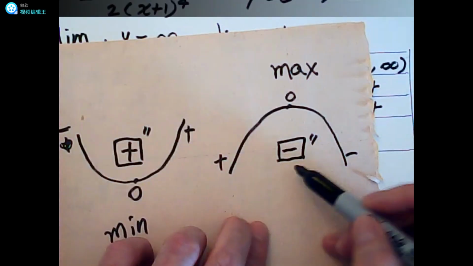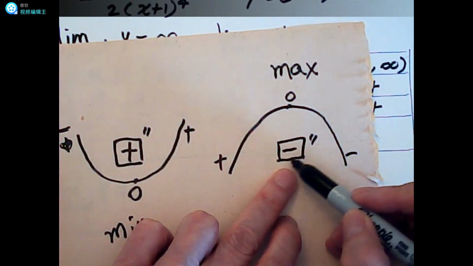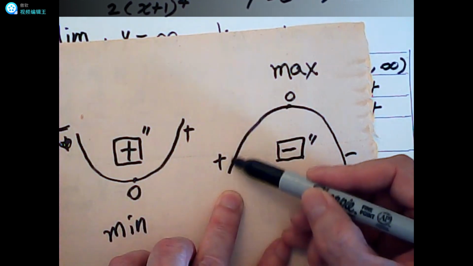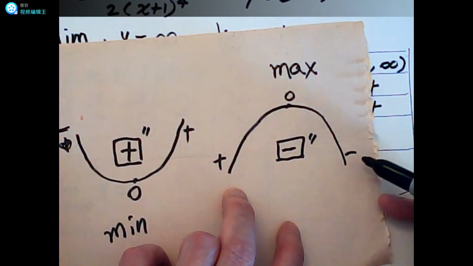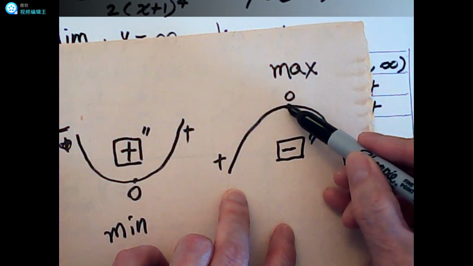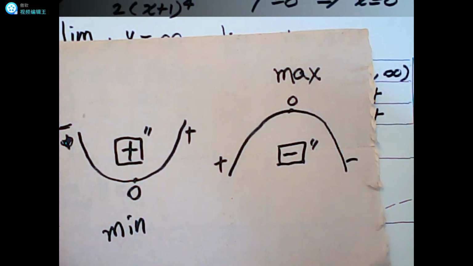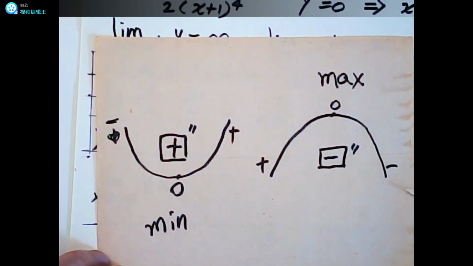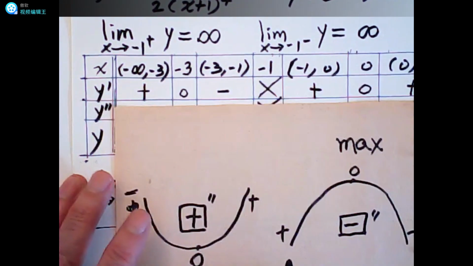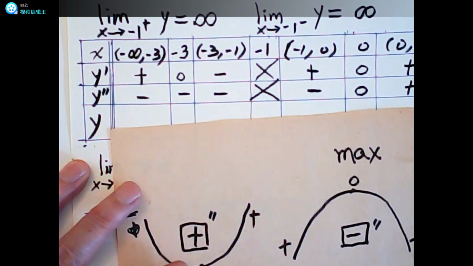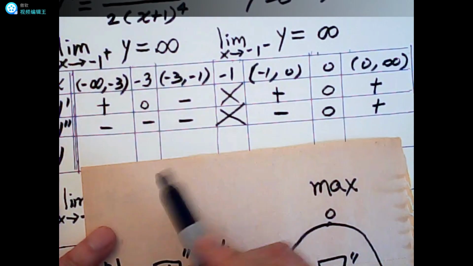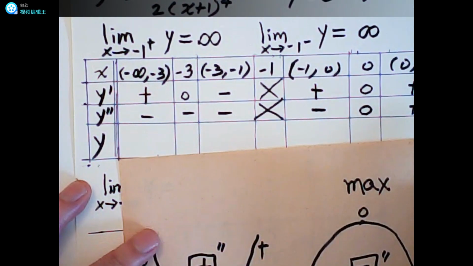And here, the second derivative is negative, and the shape of the curve looks like this when the first derivative is positive, and like this when the first derivative is negative. When the first derivative is 0, it is the maximum. These two pictures summarize all the shapes of the curve, depending on the sign of the derivatives.